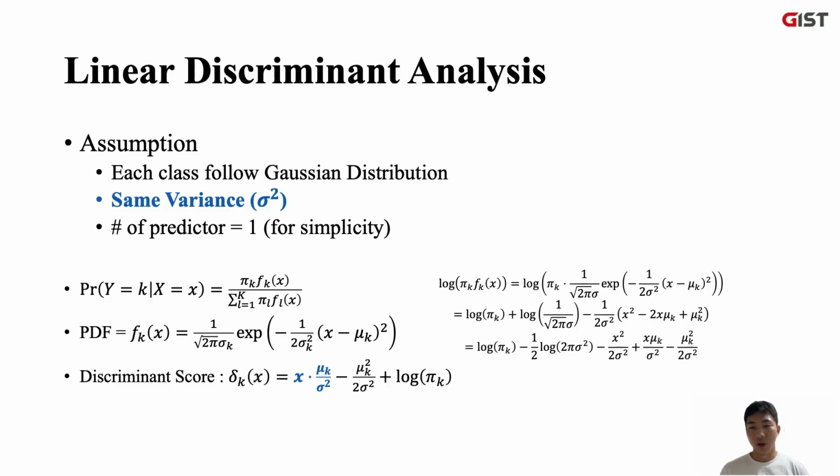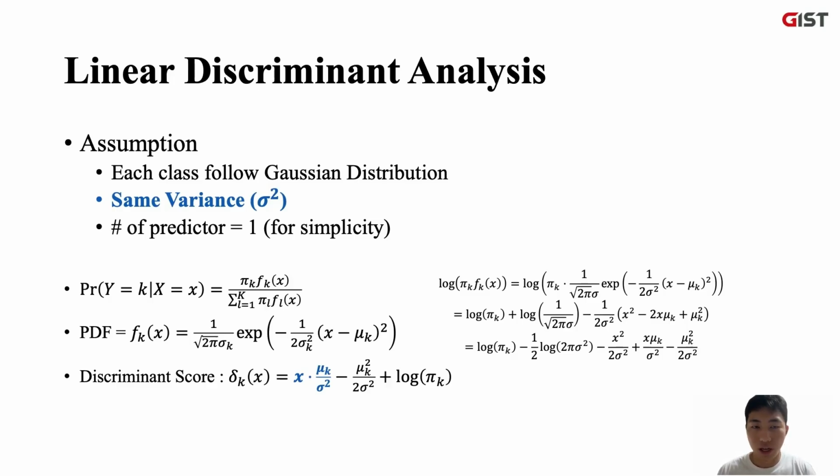To keep the equation simple for this explanation, we will use only one predictor. Using Bayes' theorem, our goal is to find the class k that maximizes the posterior probability P(Y = k | X = x). The denominator in this formula is constant across all classes, so we only need to focus on the numerator. So we just need to choose the class with the largest numerator.